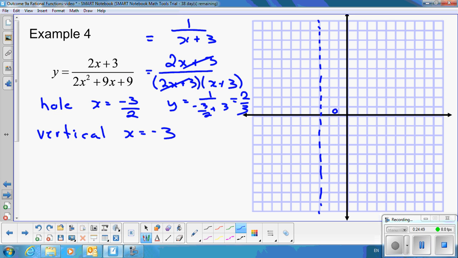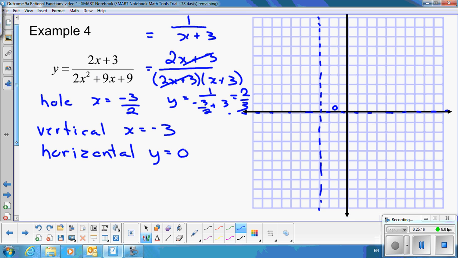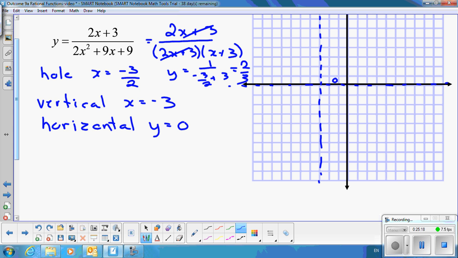Okay, next step. I can look for horizontal asymptotes. The degree of the numerator is smaller than the degree of the denominator. So that means that my horizontal asymptote is going to be at y equals 0, right along the x-axis. Looking at end behavior, let's approach that vertical asymptote from the negative side.